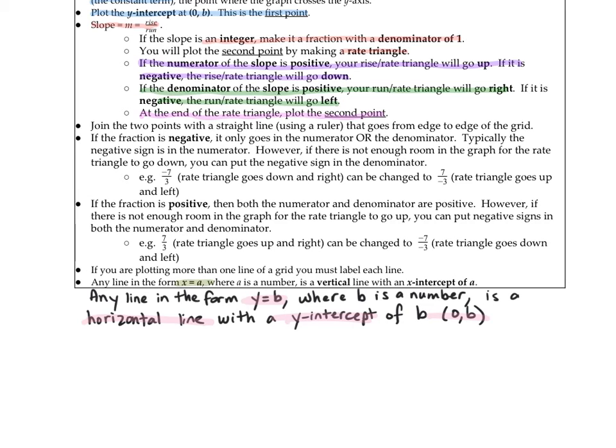So if it just looks like x equals a number, it's a vertical line, and the x-intercept is a, which would be at a, 0.